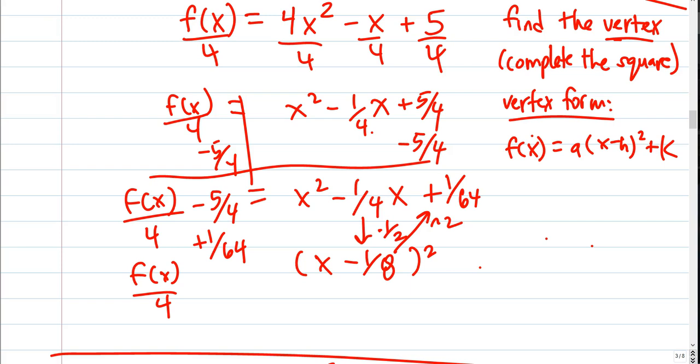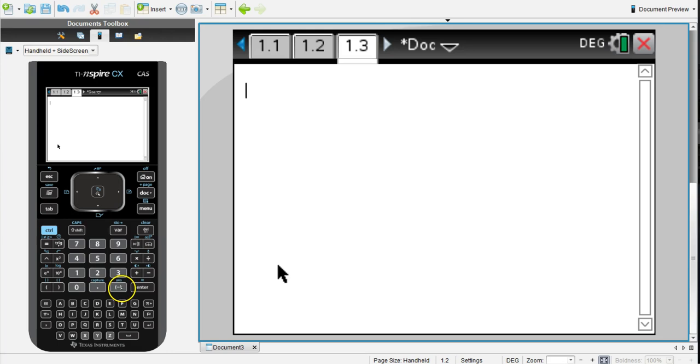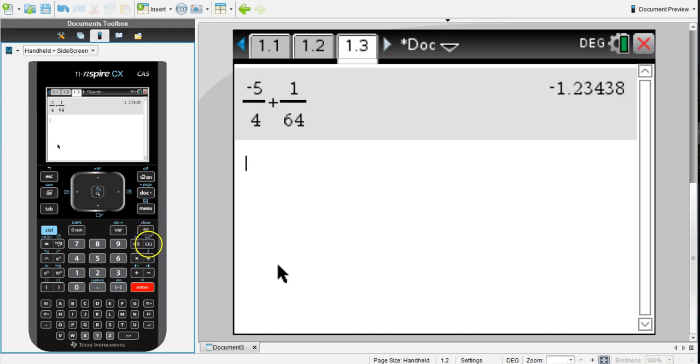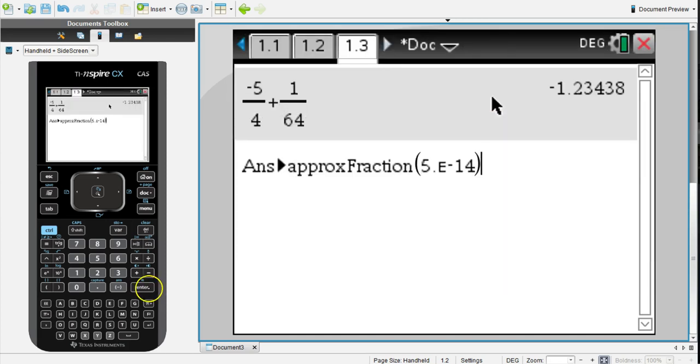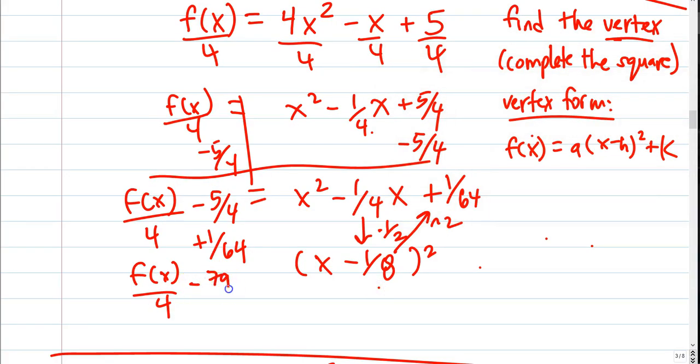I'm going to go ahead and use my technology. -5/4 plus 1 over 64, and I would like that as a fraction. So -79 over 64 equals this mess. We're going to add that over.